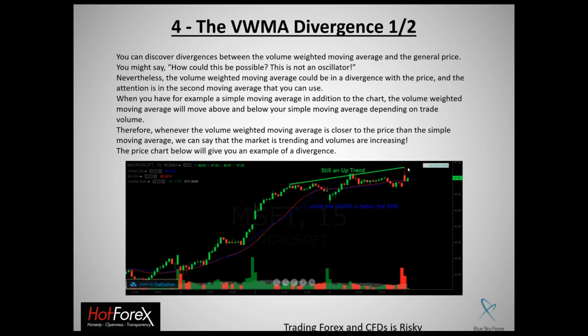Okay, so if the price is still making higher highs, but the volume weighted moving average is moving below the simple moving average on this occasion when the price is going higher, then you have a divergence. Okay.